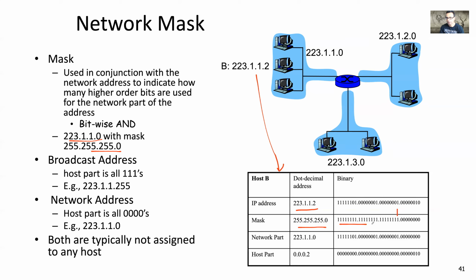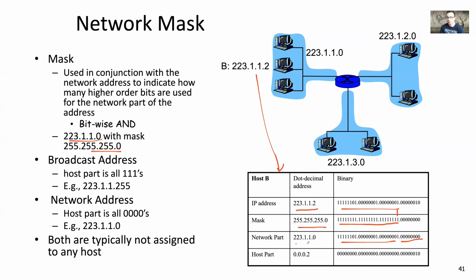You notice here there's this string of ones. So when you do a bitwise multiplication, all of these first 24 bits remain as they are, as the original IP address. And then whatever is 0 effectively becomes 0, right? So when you do a bitwise multiplication, whatever remains is essentially the network part, right?